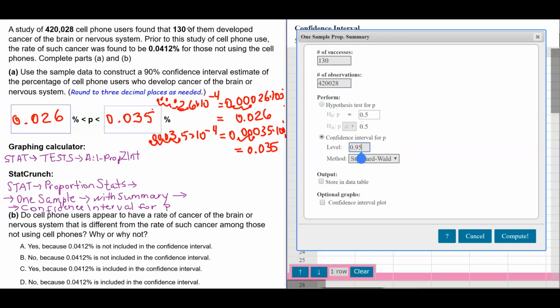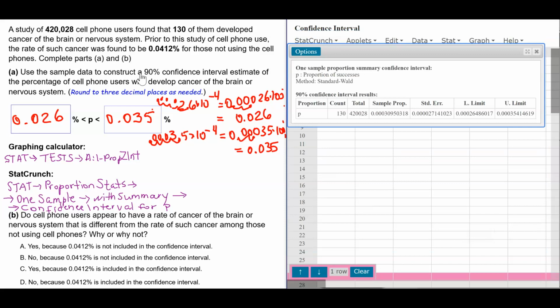Adjust the confidence level to 90%. And then don't worry about the method. Choose the standard Wald and click compute. Here is your confidence interval, the left limit and the right limit.